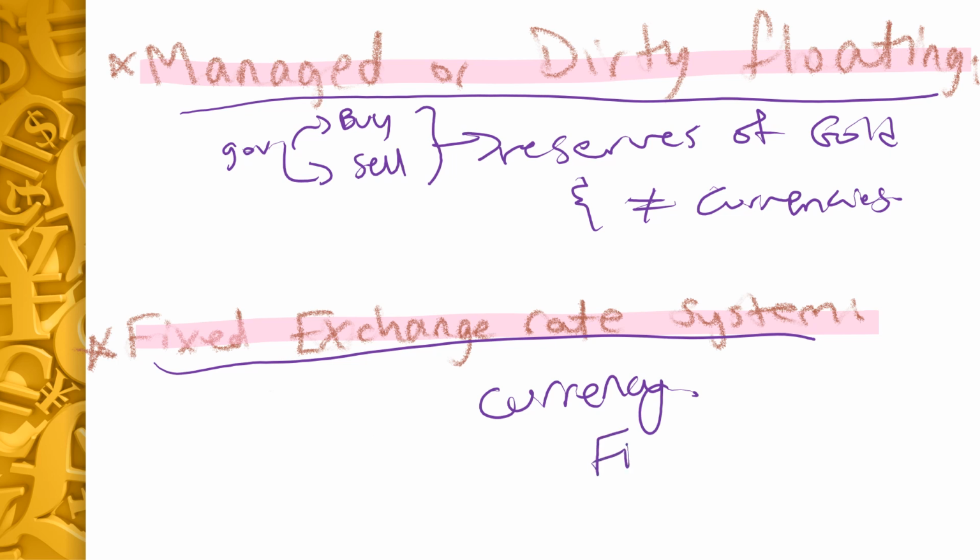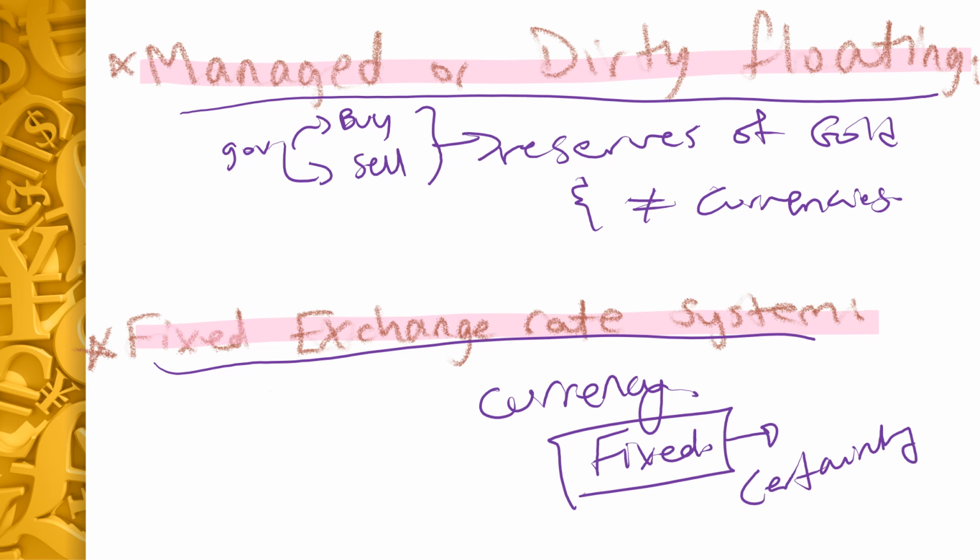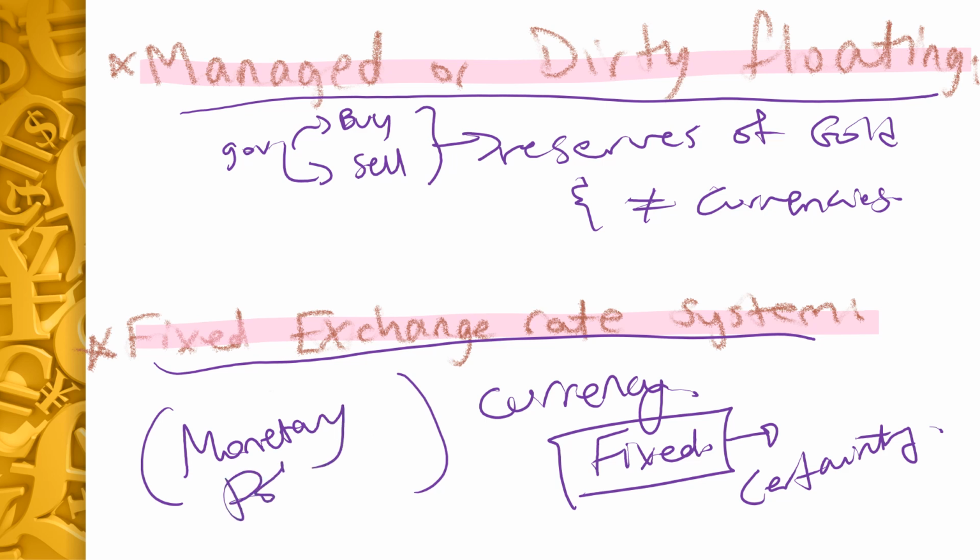So they wanted fixed. Why do you think governments would want their currency to be fixed? I would like you to think about it. First, because this gives certainty to the people. And this is part of what we took before, which is the monetary policy.